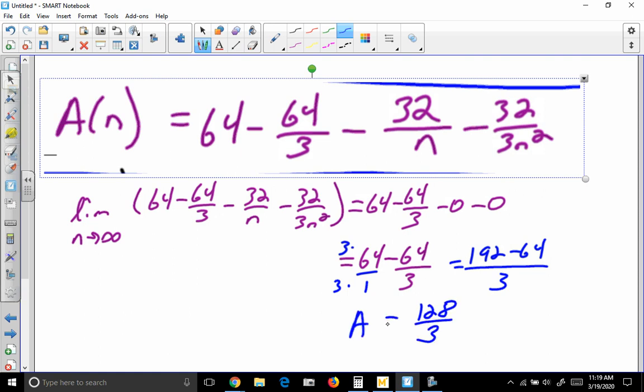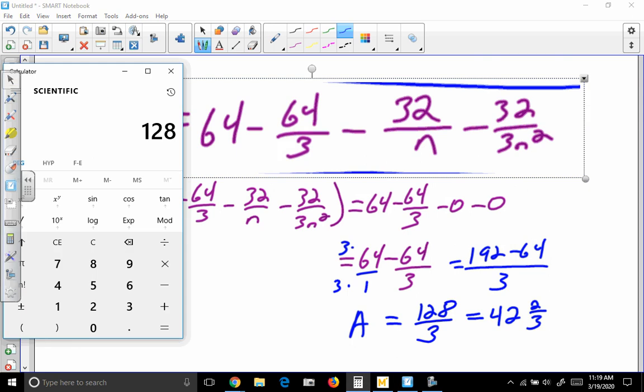That's the exact area. If you wanted that as a mixed number, 3 goes into 12 4 times. 3 goes into 8 twice with 2 left over. So that's 42 and 2/3, which is 42.6 repeating.